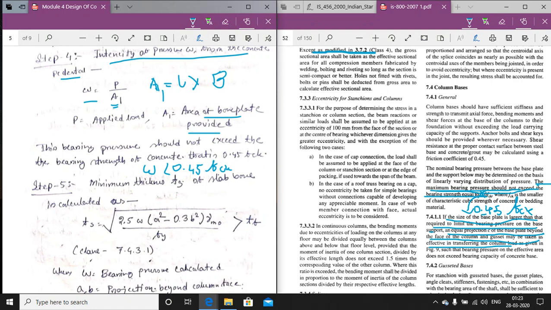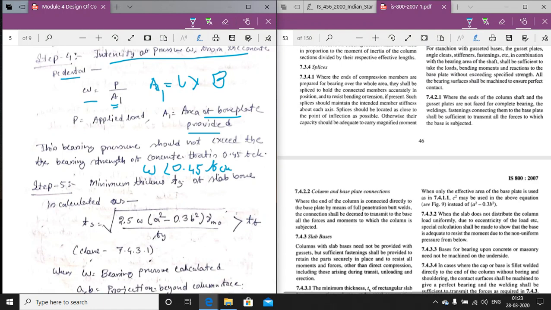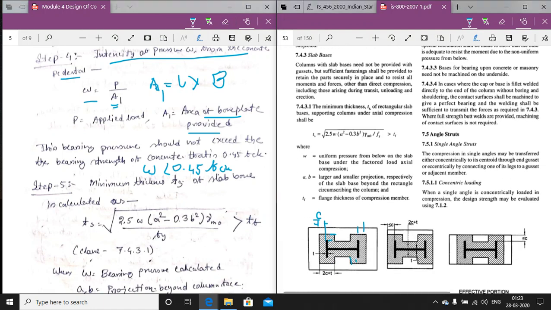Now, the size of the base plate has been determined. Now coming to the thickness of the base plate, that is another unknown term. As per IS code clause number 7.4.3.1, this is the code.